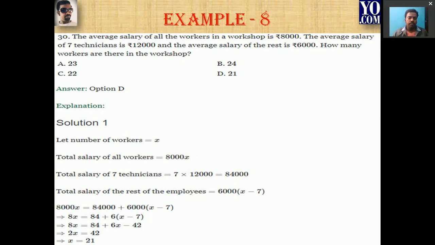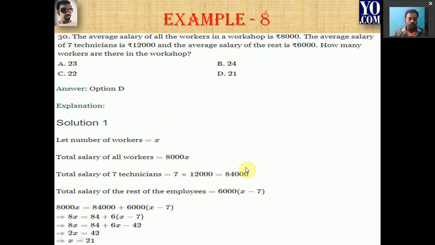The average salary of all the workers is 8,000, but the total salary is the number of workers into the average, that is 8,000 X. The total salary of the 7 technicians is 7 cross 12,000, equal to 84,000.